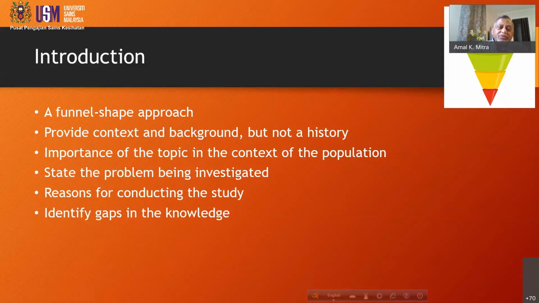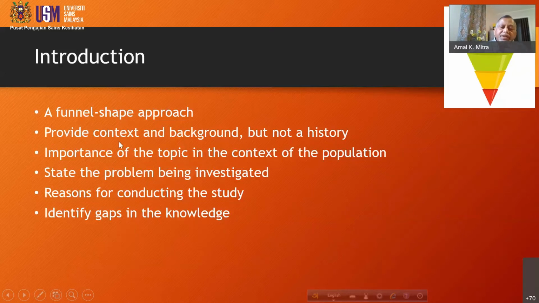So you will introduce a topic, your subject, with a broad base. So first sentence should be very general, nothing specific. And gradually, you go to the main objective of the paper.